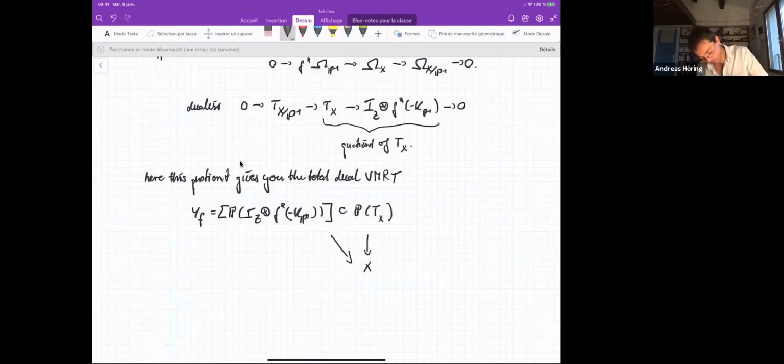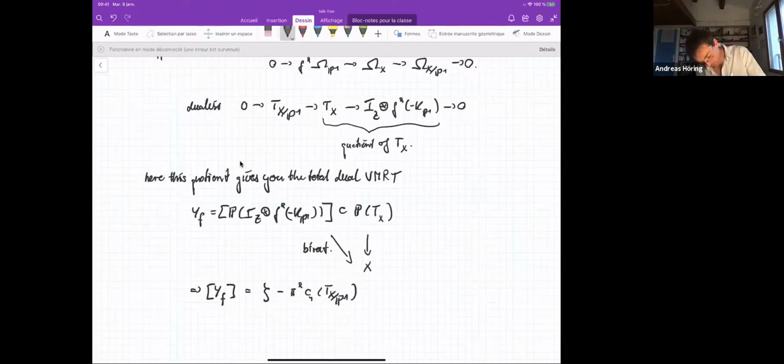So it maps birationally onto X. And this is of course much better because here it's easy to compute the class of this divisor, because it's just the tautological minus the pullback of c1 of TX over P1. It's always like this when you have this kind of quotient, you have this formula.